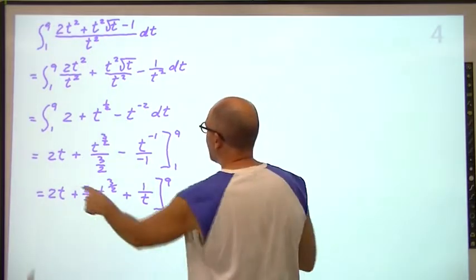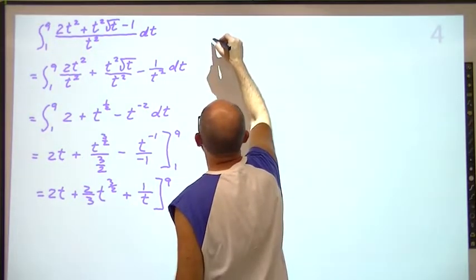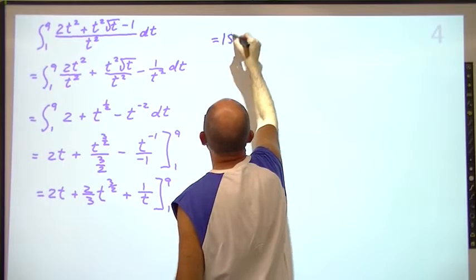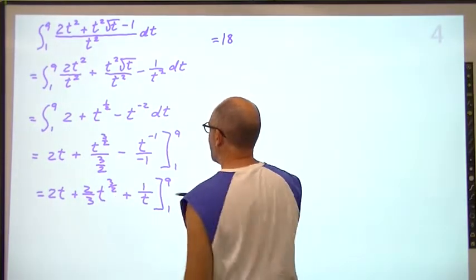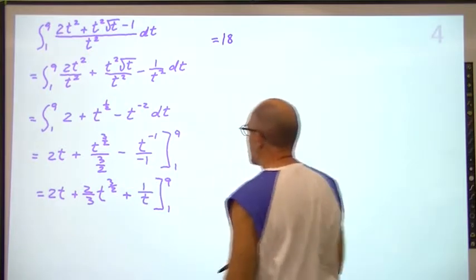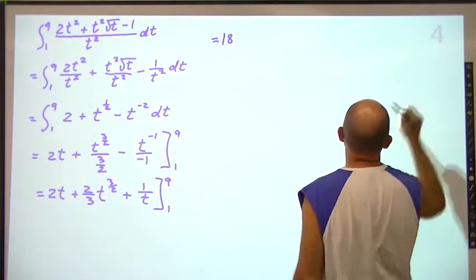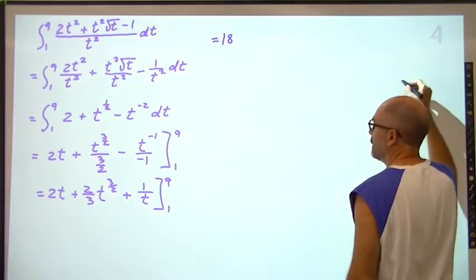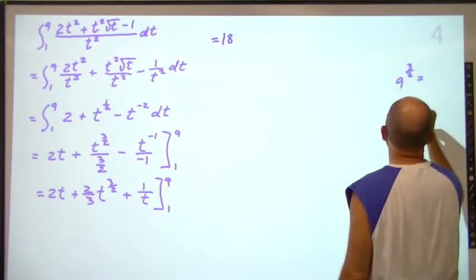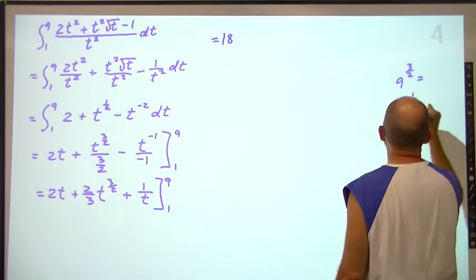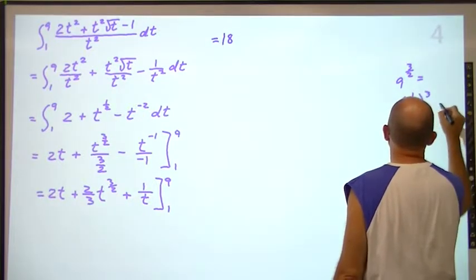So when we put in the 9s, we've got 18, 2 times 9, plus 2/3 times 9 to the 3/2. Well, let's just work that out over here. So 9 to the 3/2 equals 9 to the 1/2 cubed.